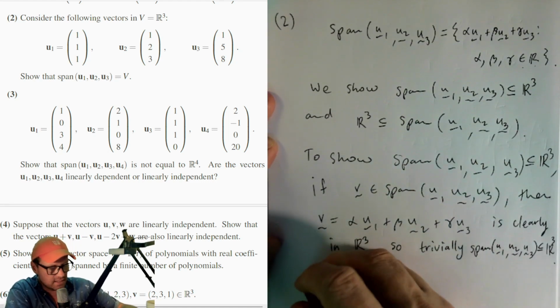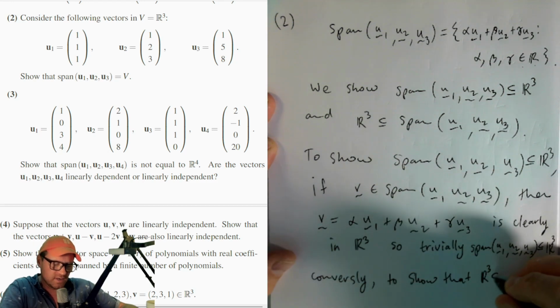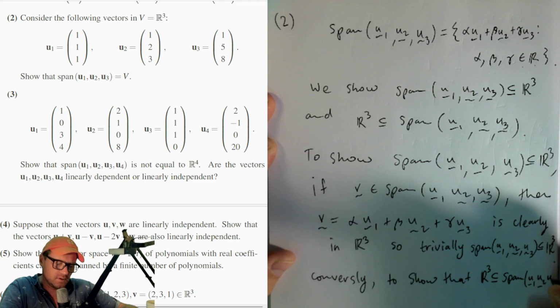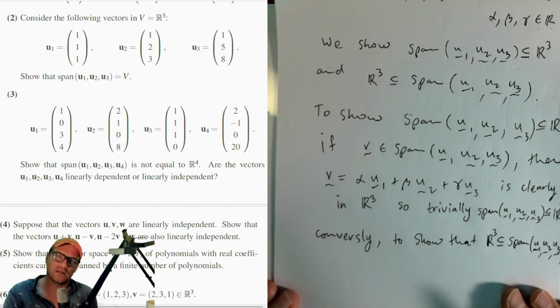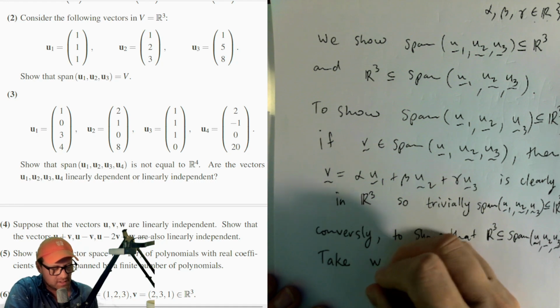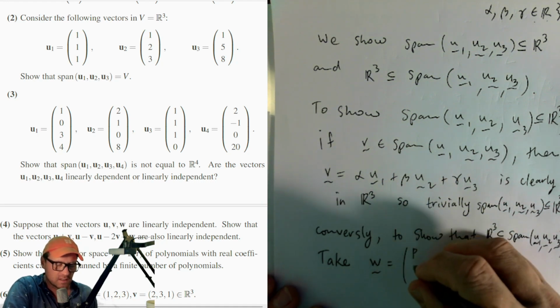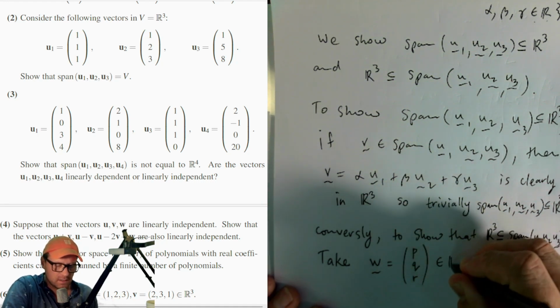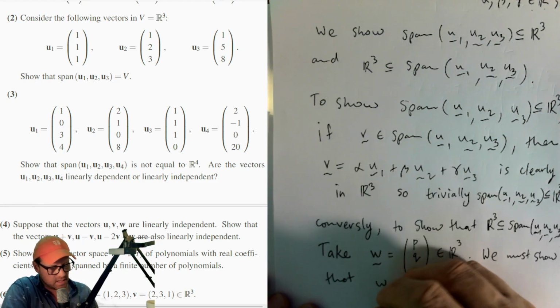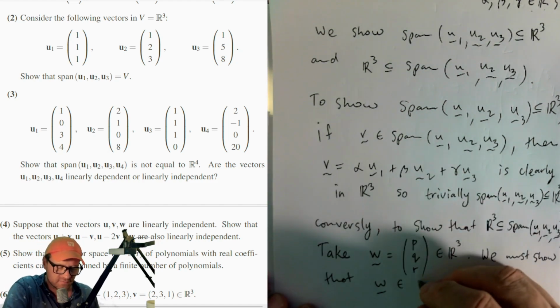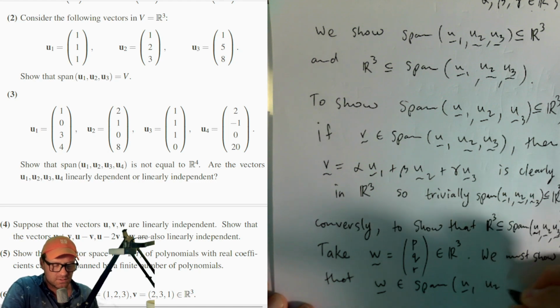Okay, now conversely, to show that R3 is a subset or equal to the span of U1, U2, U3, what we do is we take an arbitrary vector in 3 space, say W equal to PQR in 3 space. So we must show that W is also an element of span of U1, U2, U3.